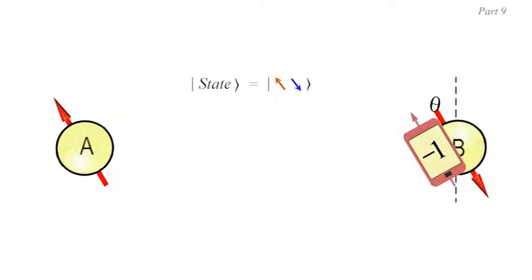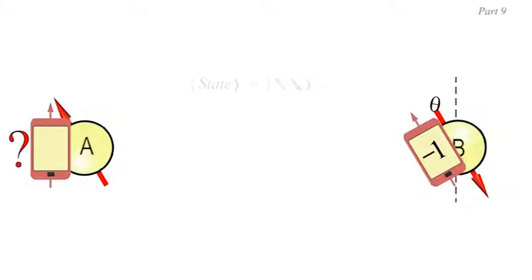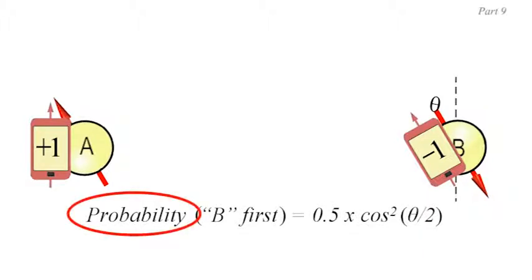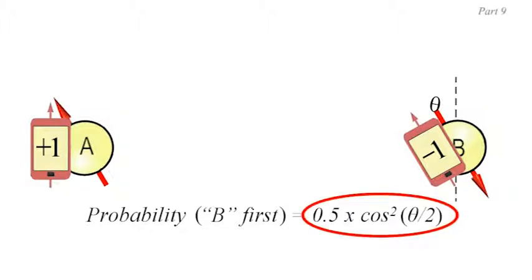That means that when A is then measured second in the z direction, the probability that it will be measured as +1 in the z direction will be cos squared theta over 2, because the A spin is now at an angle of theta to the z-axis. So once again, we find that the total probability for getting A as 1 and B as -1 is therefore the multiplication of these two probabilities, which is 0.5 cos squared theta over 2.